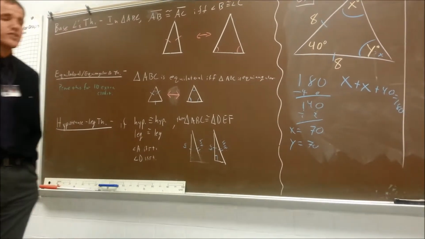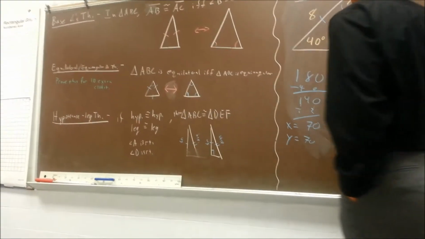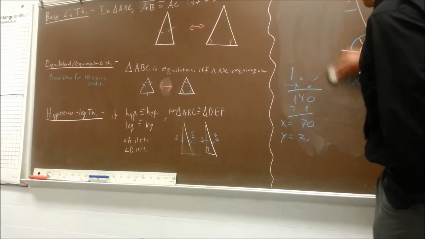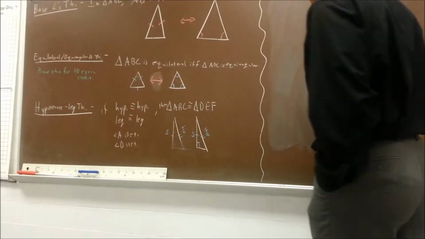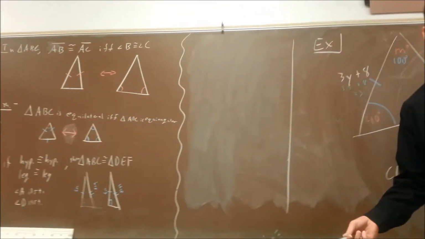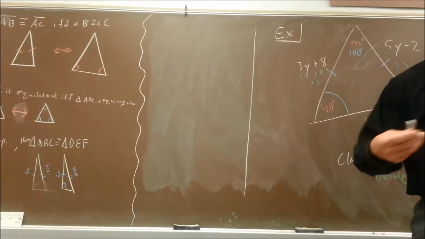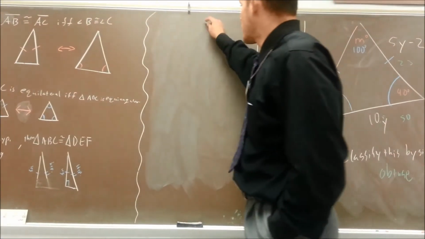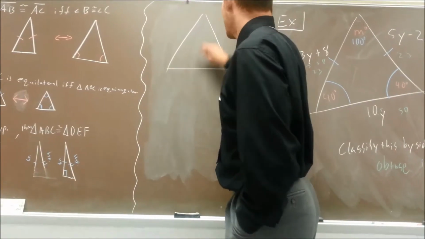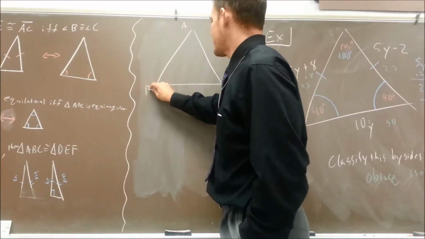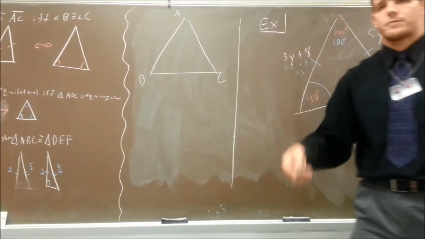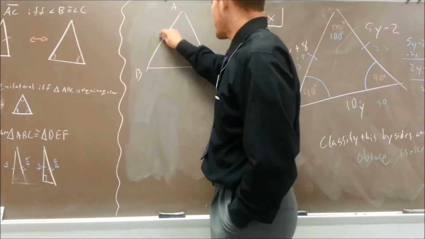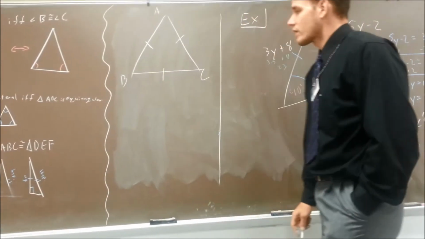We'll talk through it here just briefly. We'll do a quick proof of it, not a formal proof. But the proof of it's pretty simple. It's called a corollary. Corollary is something that just follows after easily. It's just going to kind of fall out of the bottom. So, given that triangle ABC is equilateral. Everybody, what does it mean if it's equilateral? Say it out loud. Go. All sides are congruent.